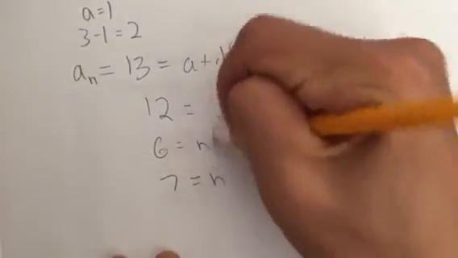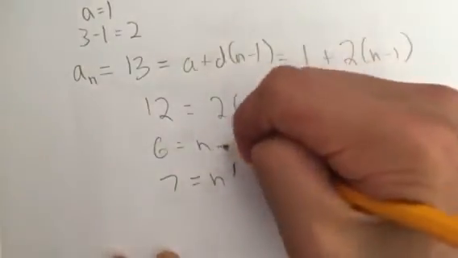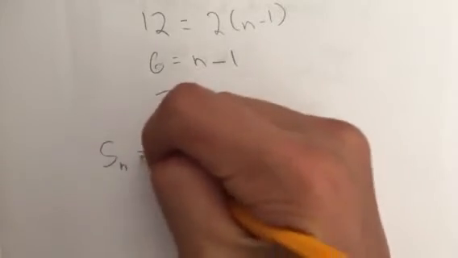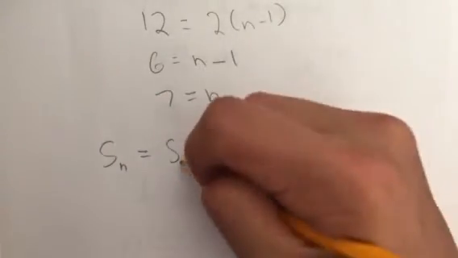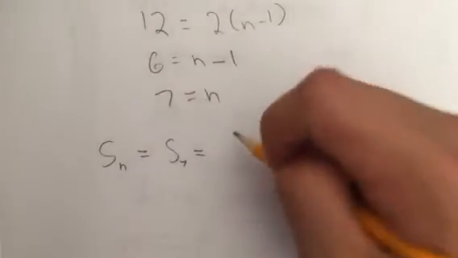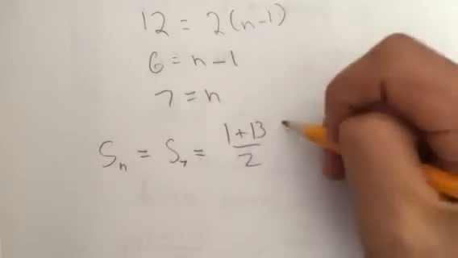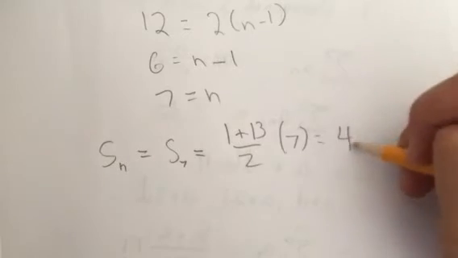This should be a minus, sorry. Okay, so now we have everything, we plug it in. S sub n is just S sub 7, which is the first term plus the last term divided by 2 times the number of terms, 49.